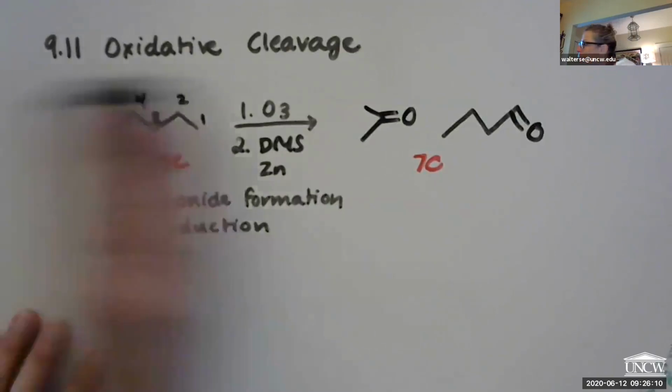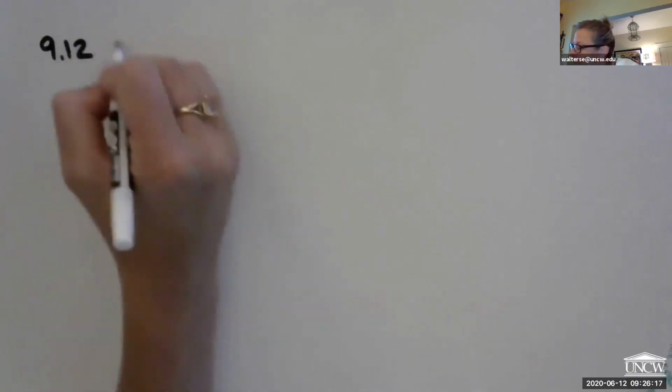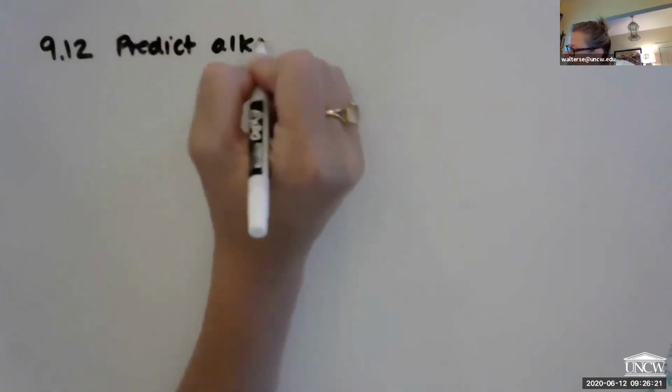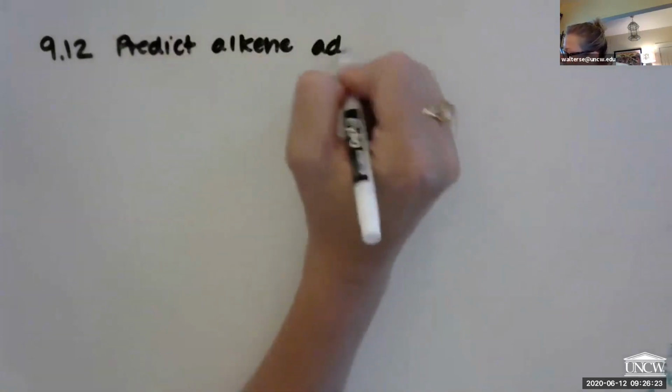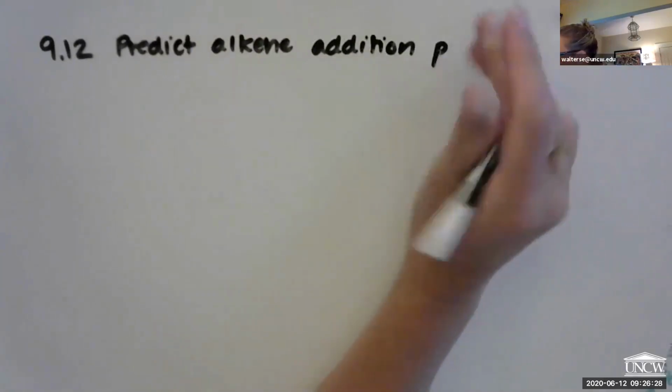Okay. All right. So 9.12 is to predict products. These are all alkene addition products, or reactions, sorry.